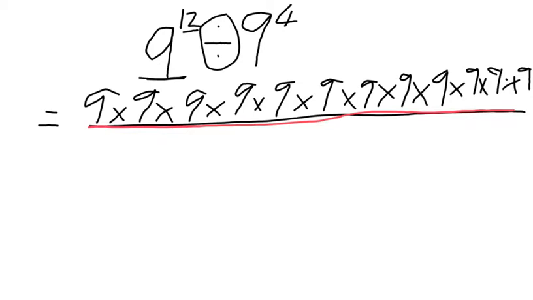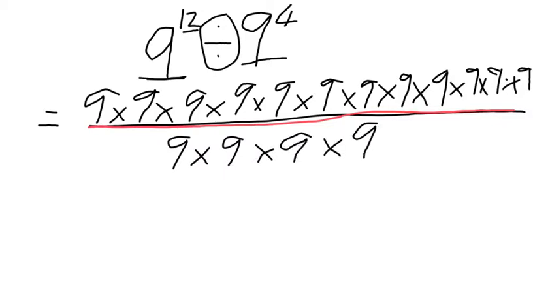So now we're dividing by our base of 9 again, and we're multiplying it by itself 4 times. Why it's easier to turn this into a fraction is because when we're dividing a number by itself, like 9 divided by 9, it equals 1, so we can cancel these out.